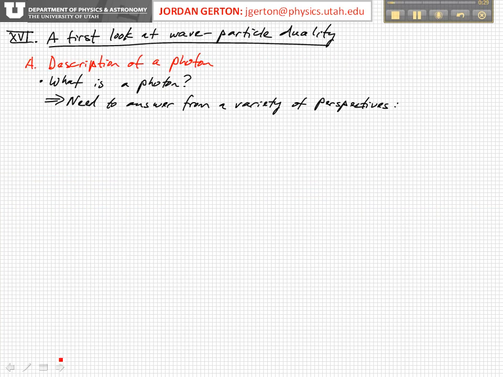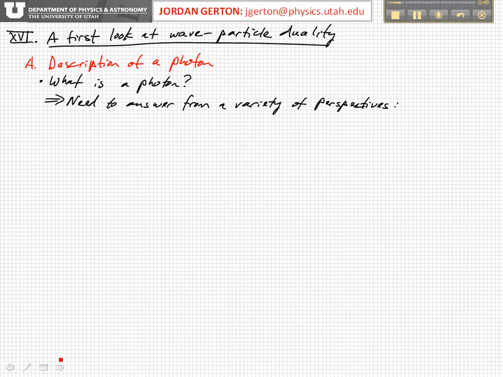Okay, so we've seen that we have good evidence that light behaves as a particle that we call photons in these experiments which we've done.